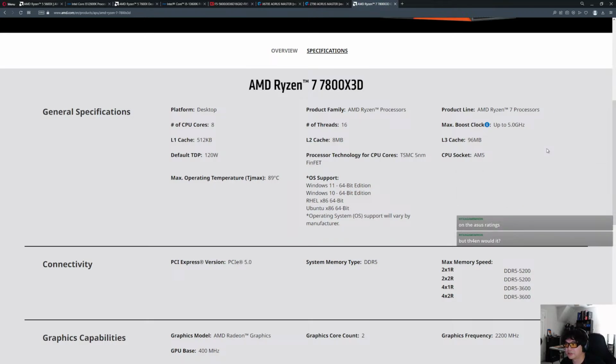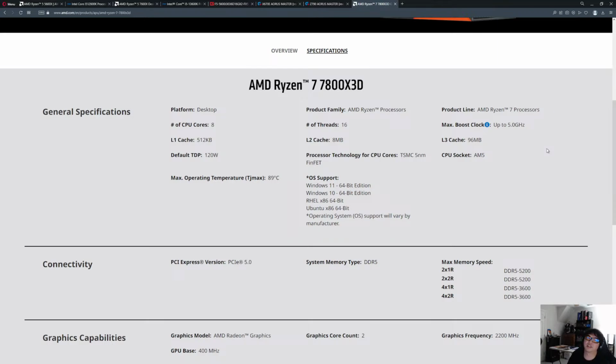Like in a typical 7950 non-3D, you get a good bin, like SP 111 versus 120. I don't know. I don't even know if there's a way to determine the bin of the single CCD.